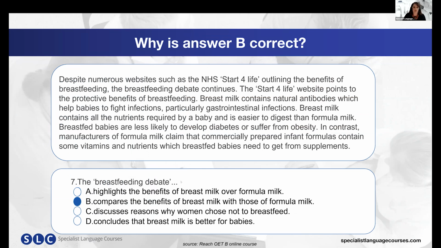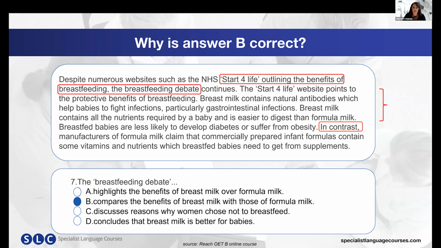So the breastfeeding debate compares the benefits of breast milk with those of formula milk. We can see at the beginning, we have information about the Start for Life website that outlines the benefits of breastfeeding, and the breastfeeding debate continues. So then we read more carefully and we can see that there is some discussion here and some evidence that supports this statement here, that there are benefits to breastfeeding.